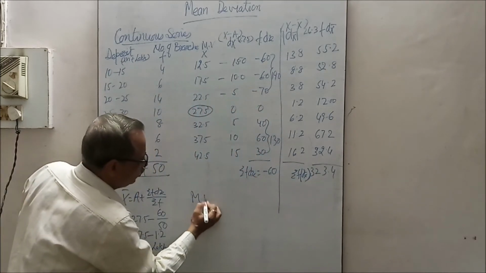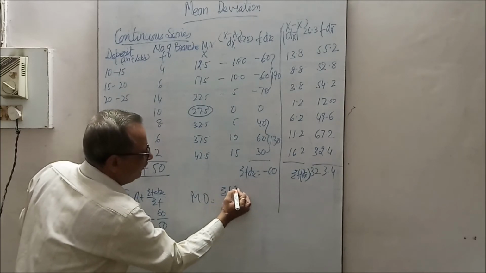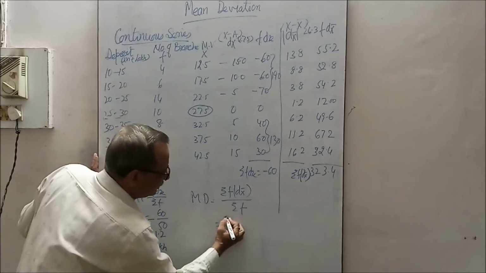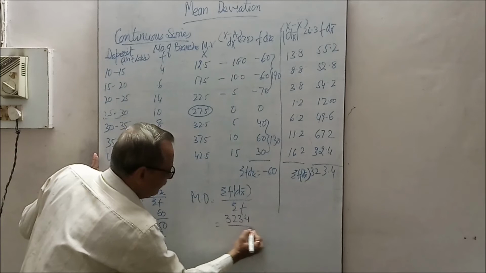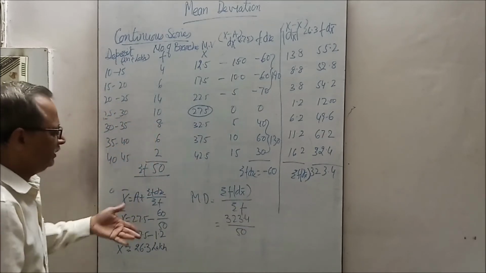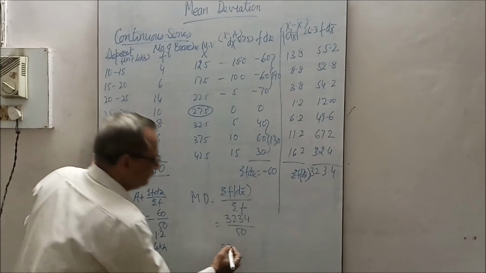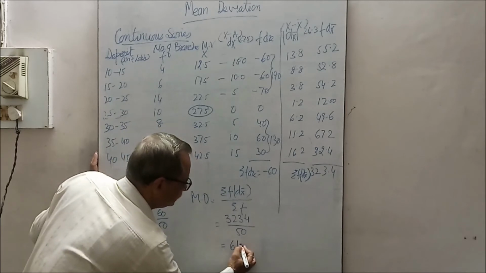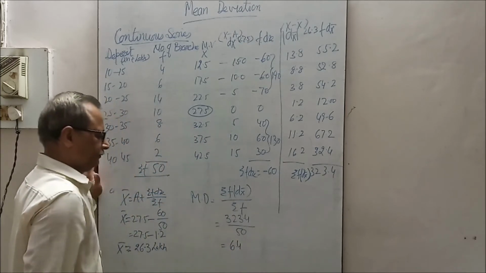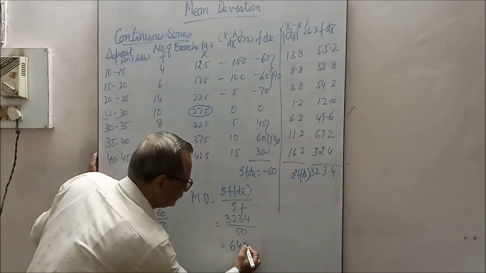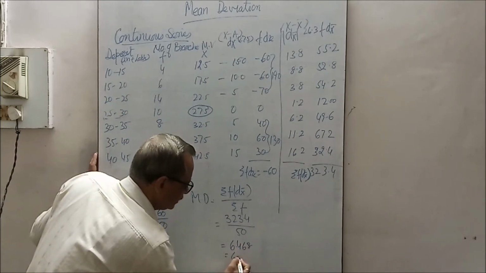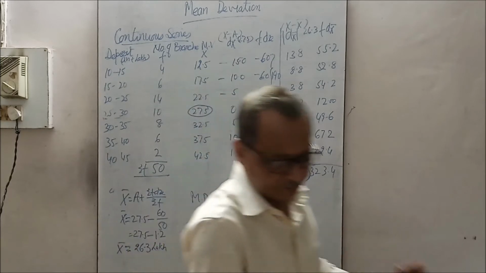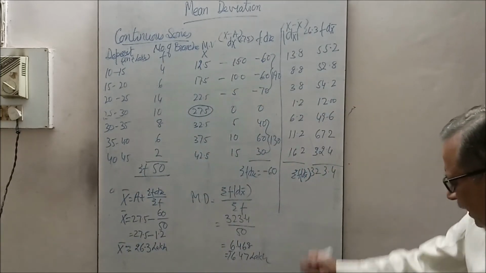Now mean deviation is equal to summation f deviation from the mean upon f, that is 323.4 upon 50, which gives 6.47 lakhs, or 6.48 lakhs you can write.